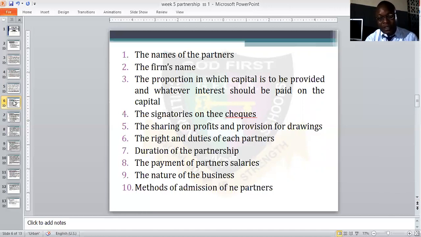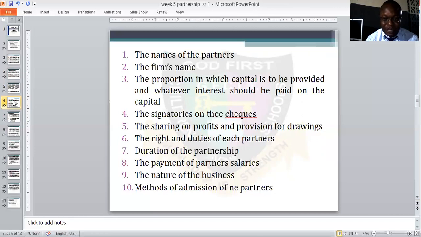In case you form a partnership business with someone and you find out that your name is not there, or you just made a verbal agreement, that one is not a partnership agreement at all. Then the firm's name: once you check the business document, you may discover that you people did not even deliberate on the name that will be in the partnership business.